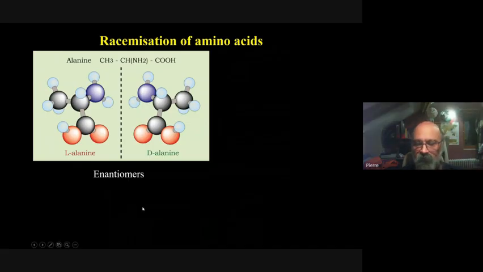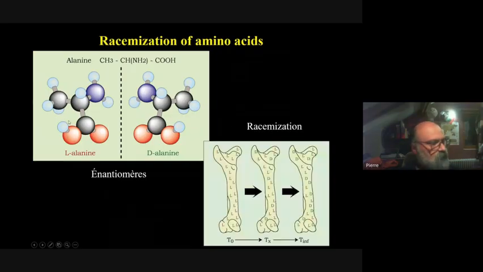During the life of an individual, all the amino acids have one specific form, the levogyre form of these amino acids. For example, here for alanine. And after the death of an animal, the levogyre alanine transforms to dextrogyre alanine.